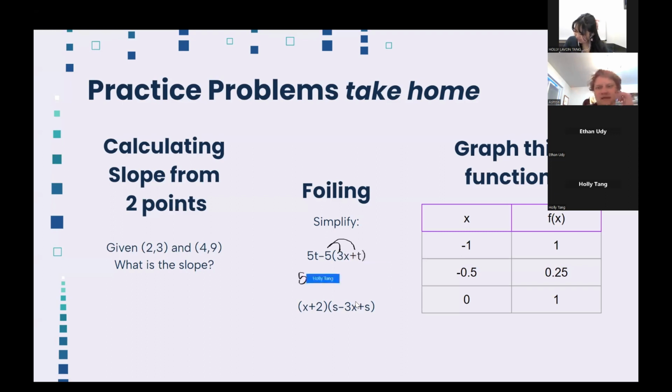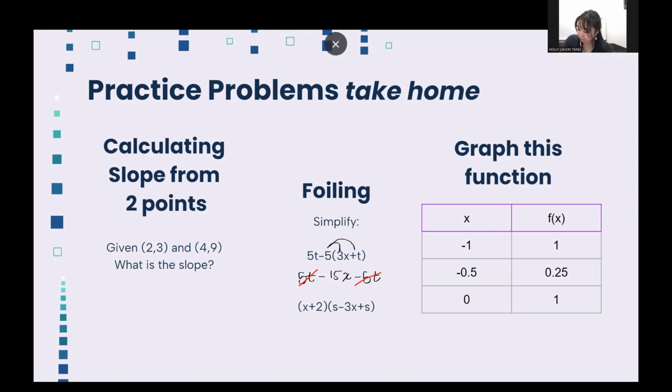I switched the negative to a positive. Yeah, that makes sense now. I was like 10t, but yeah, that makes sense. Cool. So negative 15x. Yeah. Sounds good. And then the second one is more challenging for sure. So I'll give you guys some time to do that one if you'd like.